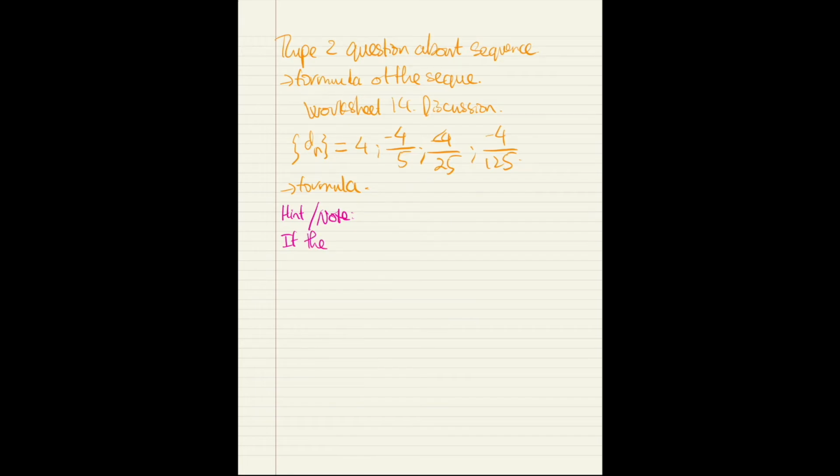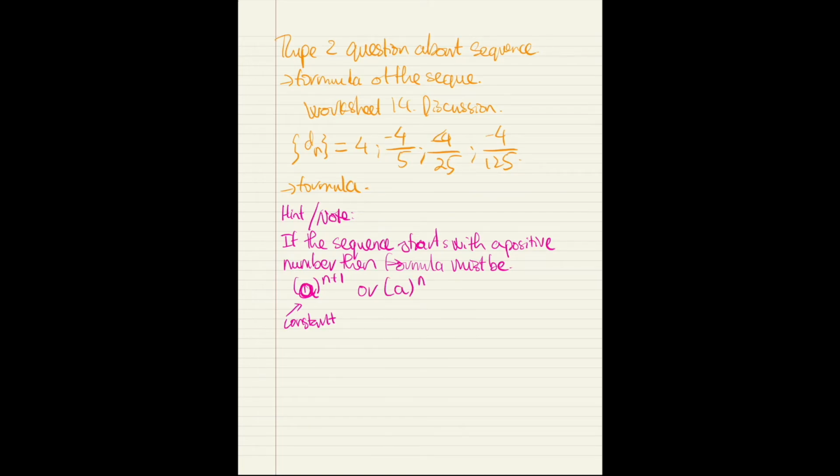If the sequence starts with a positive number, then the formula must be of the form some constant a times something to the n plus 1, or the constant a times something to the n minus 1.